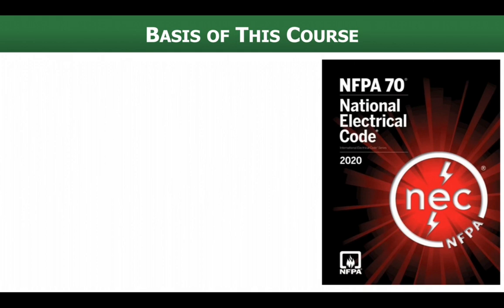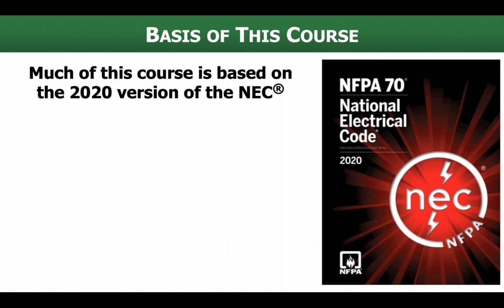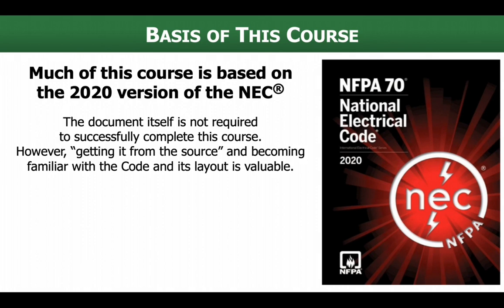So, the basis of this course: we're talking about design and installation of solar electric, photovoltaic, PV systems, or whatever you want to call them. But we're going to be relying very heavily on the 2020 National Electrical Code. Now, the document itself is not required to take the course successfully. We'll be giving you the information you need, but getting familiar with it and going to the source and reading the actual source language is really valuable.